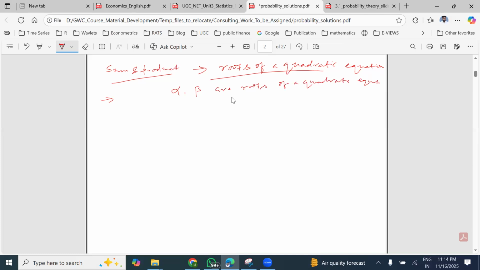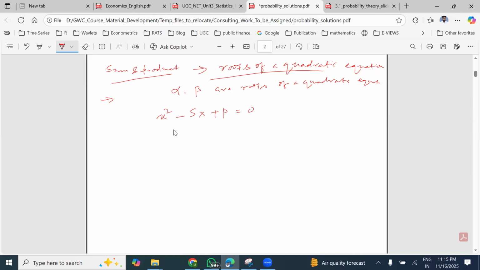So basically it will be x square minus sx plus p equals to 0, right?